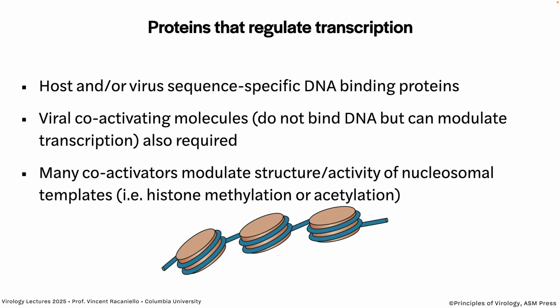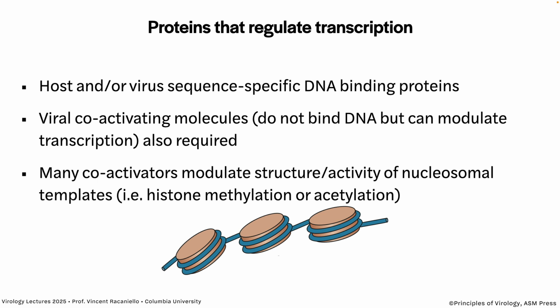And how tight the DNA is wrapped around the nucleosome determines how well it's transcribed. If it's really tightly wrapped, transcription is poor. It's a way of regulating transcription. If it's loosely wrapped, transcription can go up.